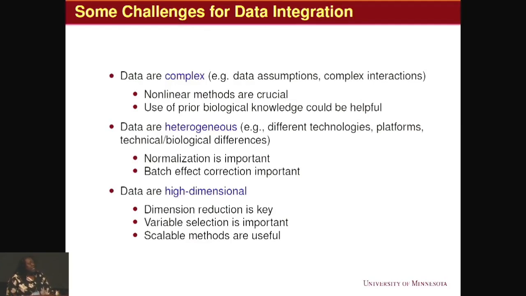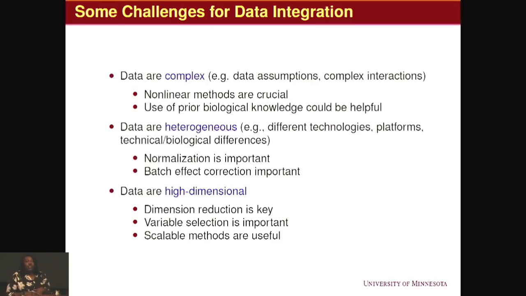Then for high dimensional data, I'm thinking about a lot more variables than there are samples. We could have thousands and tens of thousands of variables compared to the samples. And nowadays, in some databases, we also have a lot of samples and a lot of variables. And so dimension reduction becomes important.